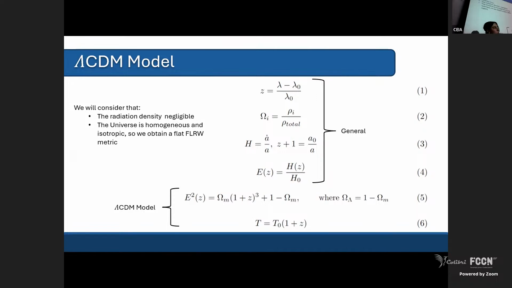We also know that the temperature of the universe in lambda CDM is given by this function. It's lambda CDM because lambda accounts for dark energy, and in lambda CDM, dark energy is a constant through the entire history of the universe.